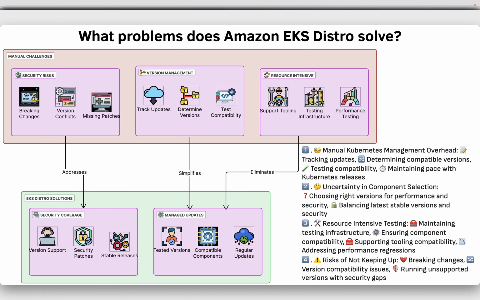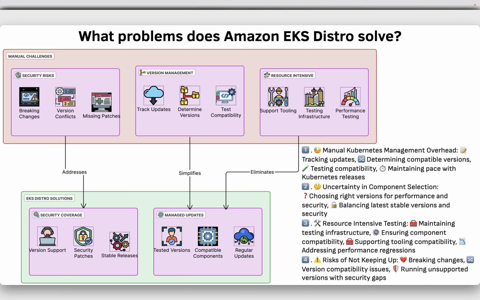So what problem does Amazon EKS Distro solve? If you create Kubernetes clusters manually, you probably spend a lot of effort tracking updates, determining compatible versions of Kubernetes and its dependencies, testing them for compatibility, and maintaining pace with the Kubernetes release cadence.